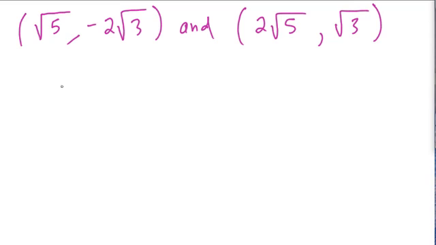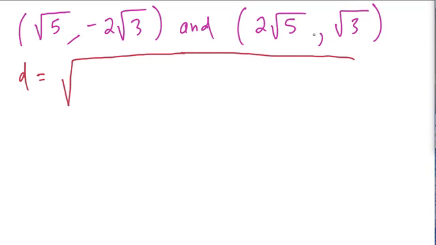Well, the distance formula, again, can be applied, because d just equals the square root of all this stuff squared, essentially. Let's look at the x values first. We have square root of 5 and 2 times the square root of 5. Well, we're going to subtract. And because 2 square roots of 5 is more than 1 square root of 5, I want to keep things positive.